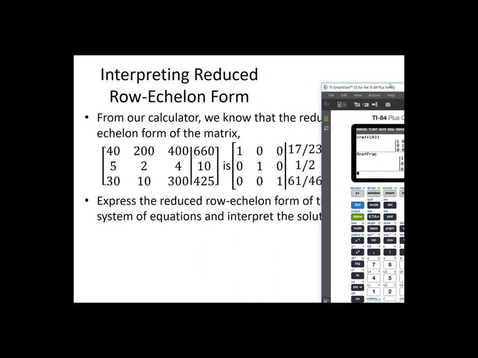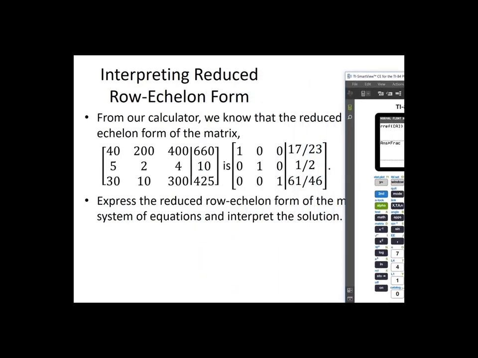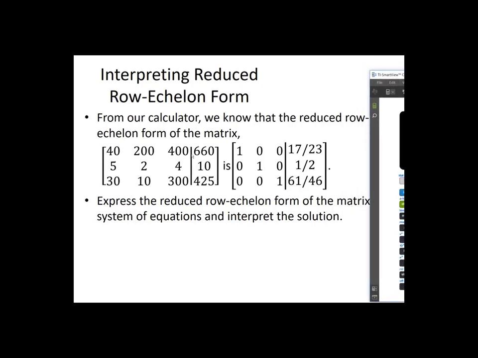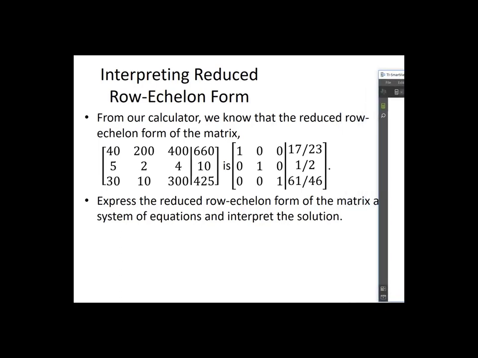Now, from our calculator, we know the reduced row echelon form of this. We'll just use this as an example, slightly different than the one we started with. This matrix begins with 40, 200, 400, 660, second row 5, 2, 4, 10, and the final row of 30, 10, 300, and 425.